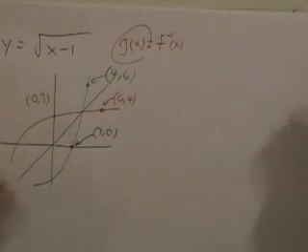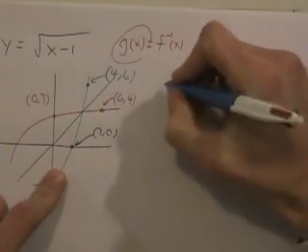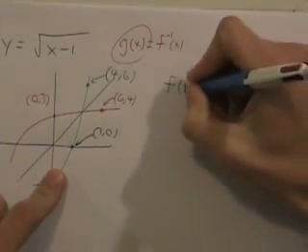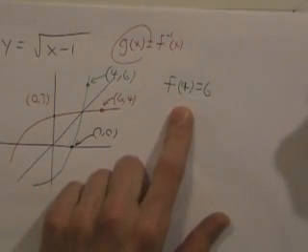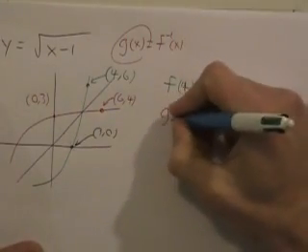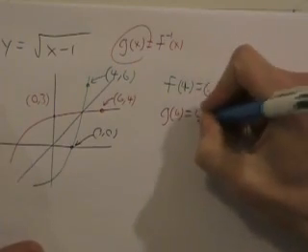Another way of interpreting that is that if this is f, then f of 4 equals 6. And if you know that f of 4 is 6, then it must be the case that g of 6, or f inverse of 6, must equal 4.